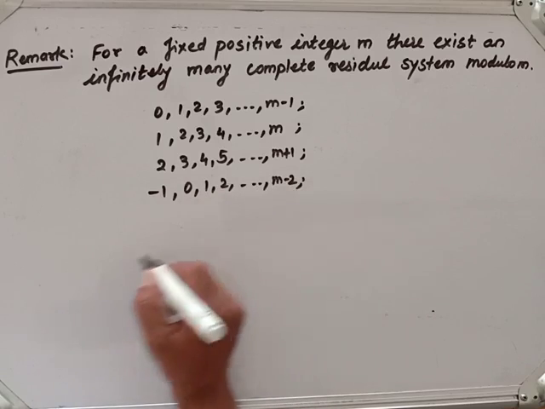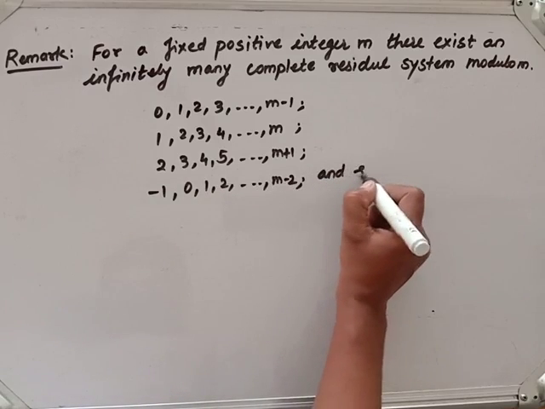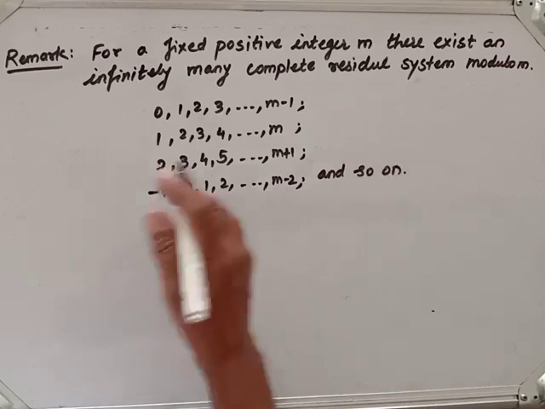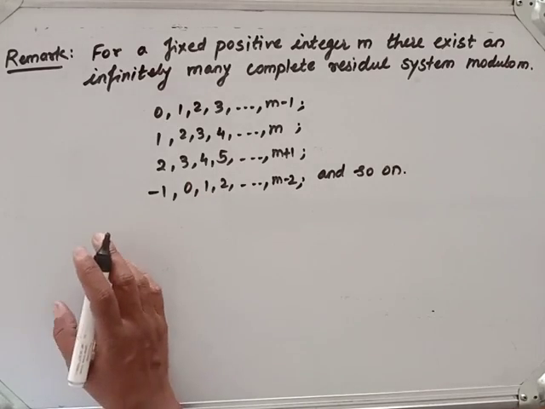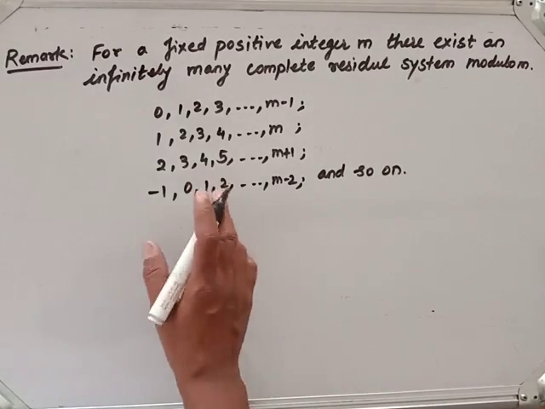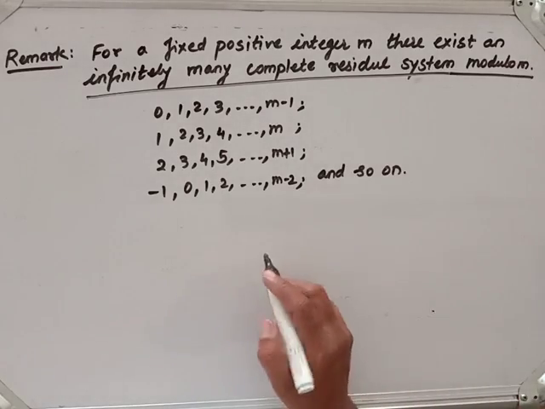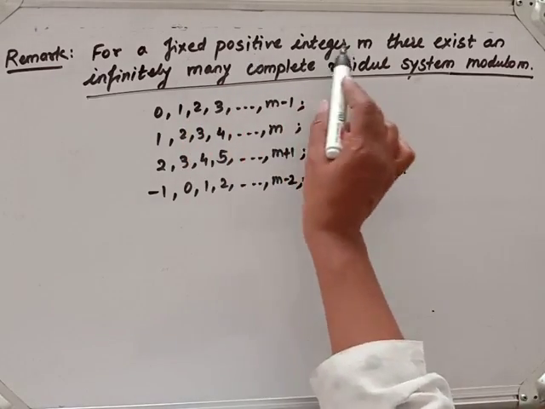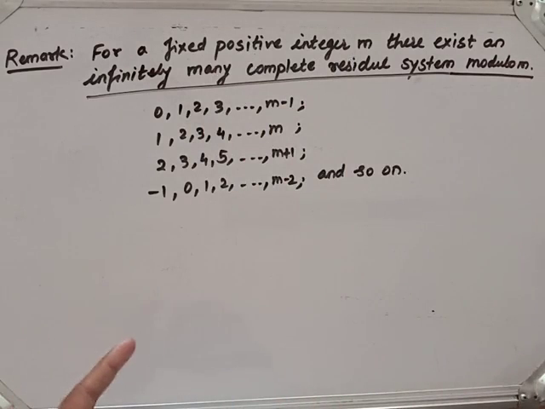This is also a complete residue system and so on. So either we can go towards the right, taking m integers, or from the left we can take m integers, but we have infinitely many complete residue systems modulo m for any fixed positive integer m. Fine. Now this is about the complete residue system.